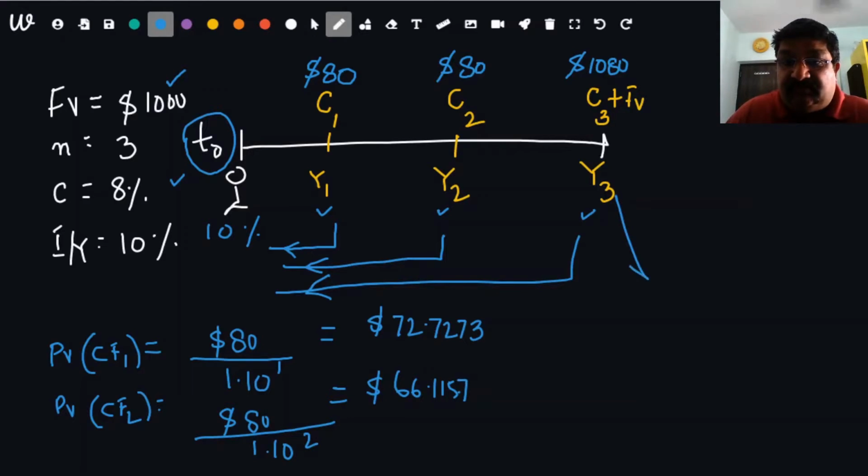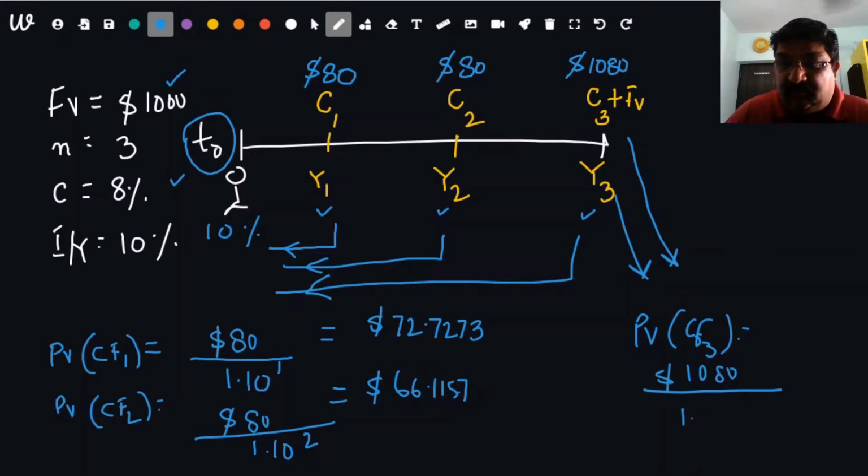And now what we are going to do is we are going to find out the present value of the third year cash flow, and the present value of the third year cash flow is $1080 divided by 1.10 raised to the power of 3, which is 1.10 raised to the power of 3, 1 by x, into 1080, which is 811.42. So I'm going to write here 811.42.